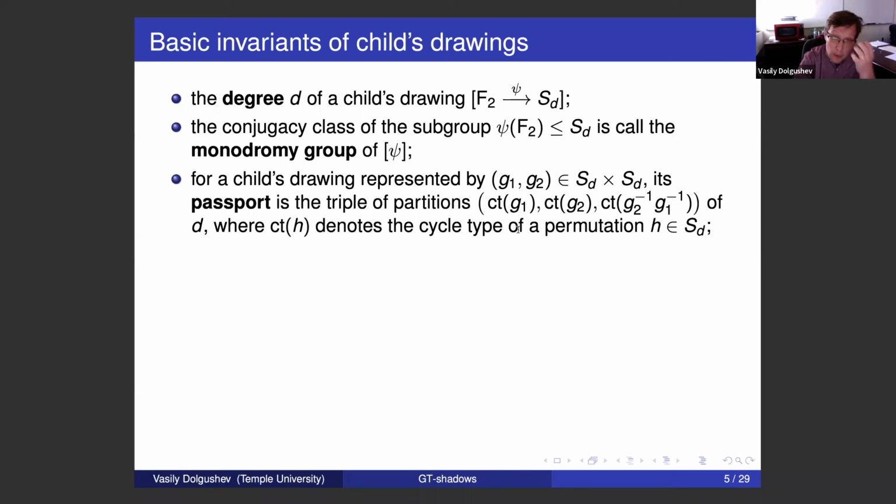And yes, this triple of partitions is called the passport, and it's also invariant under the action. And then there are more invariants. There's the cartographic group and more.